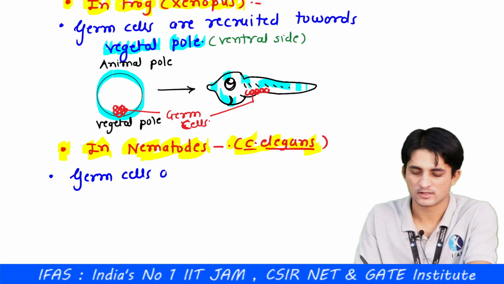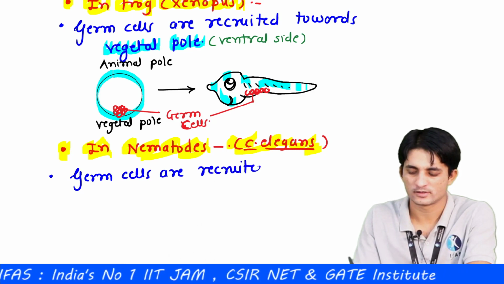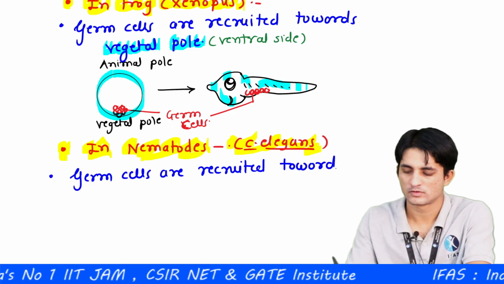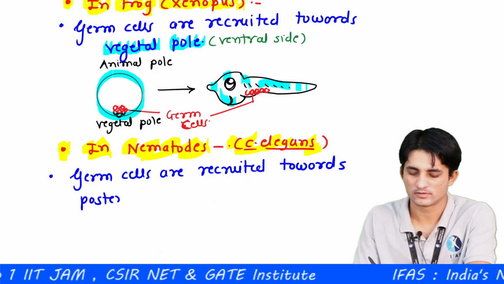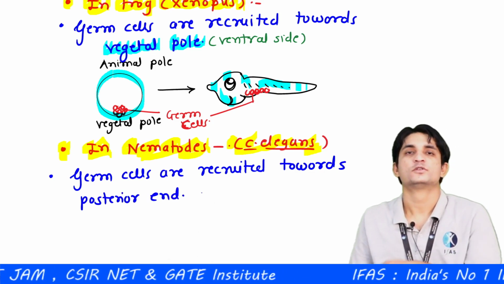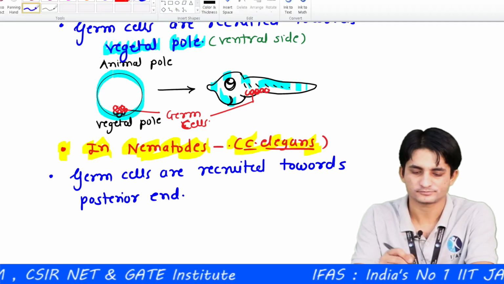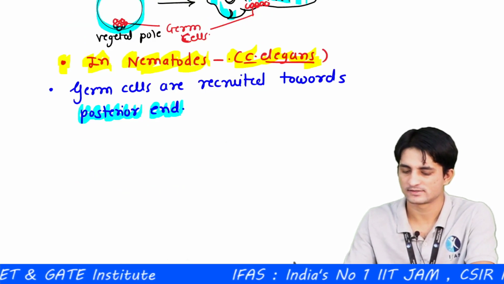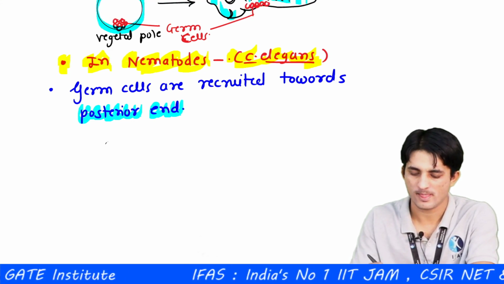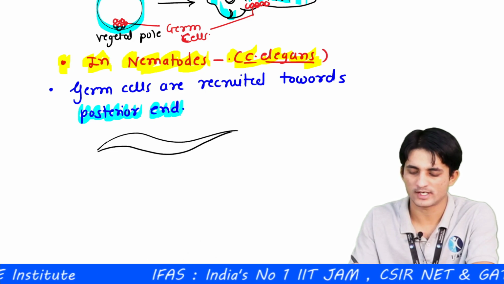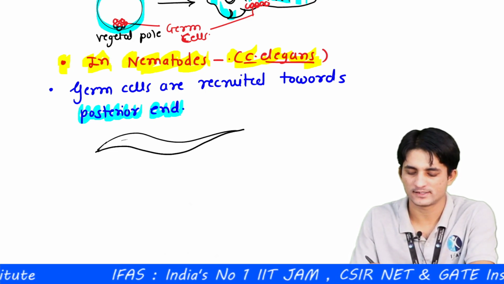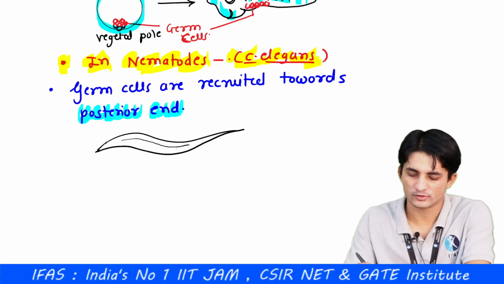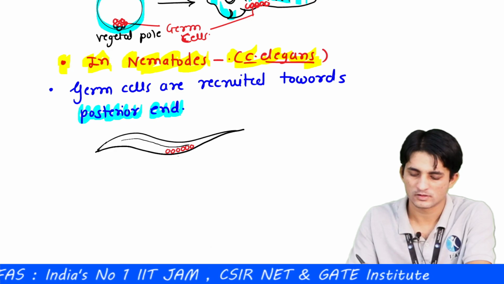Now in C. elegans, for example, this is the soil nematode, it is present in the soil, and the germ cells are recruited towards the posterior side.